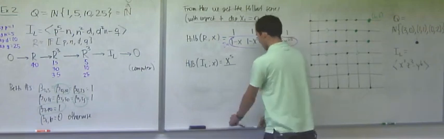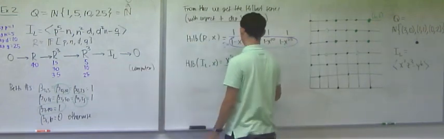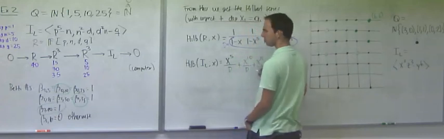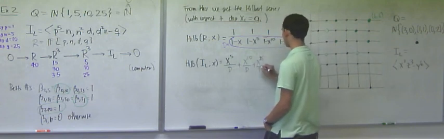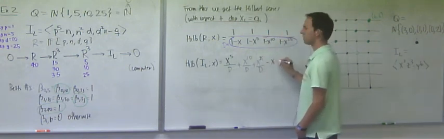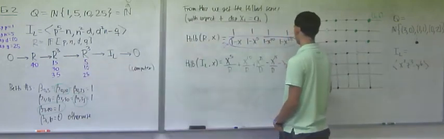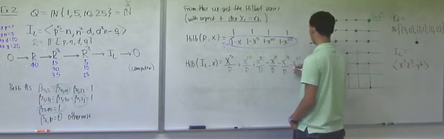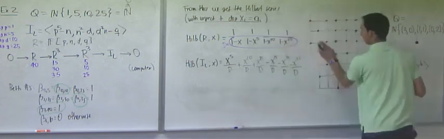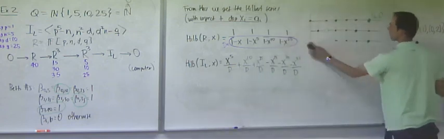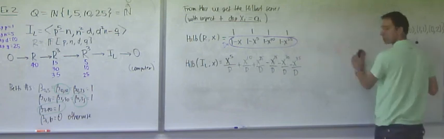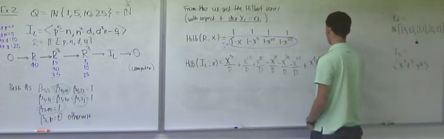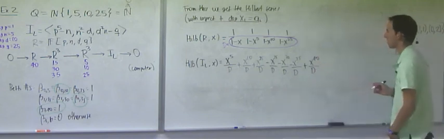So we get x to the 5th over d plus x to the 10th over d plus x to the 25 over d minus x to the 15 over d minus x to the 30 over d minus x to the 35 over d plus x to the 40 over d. That's what we get.